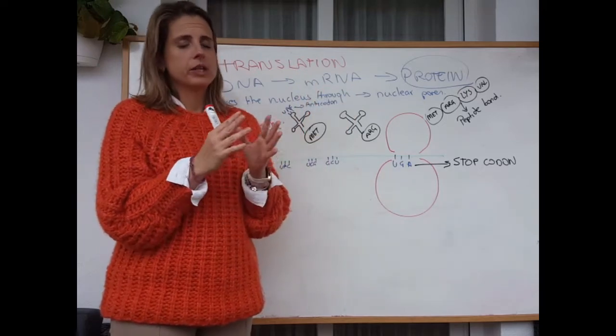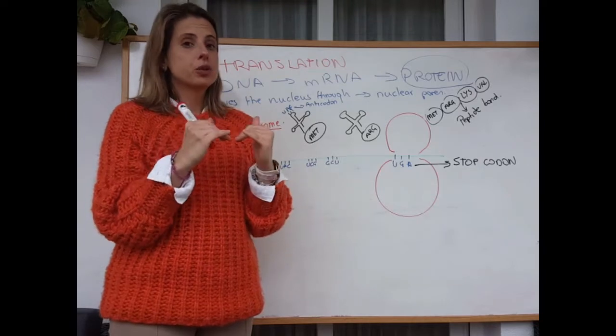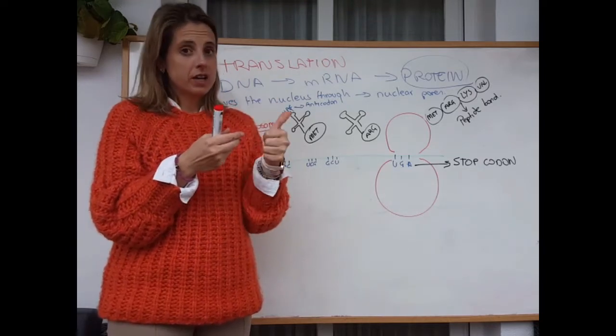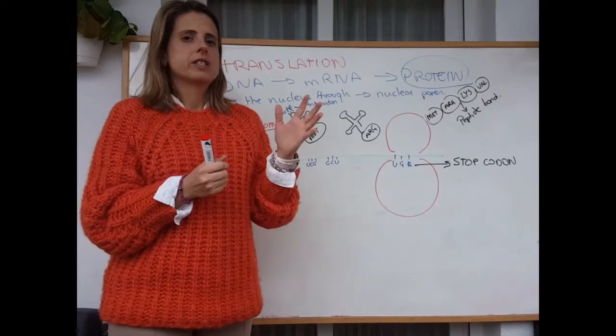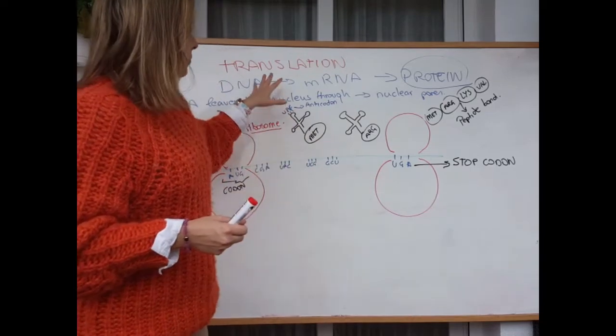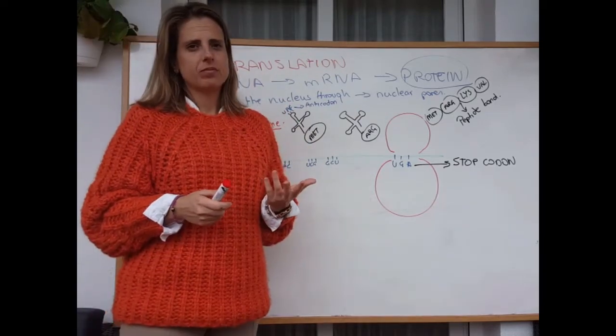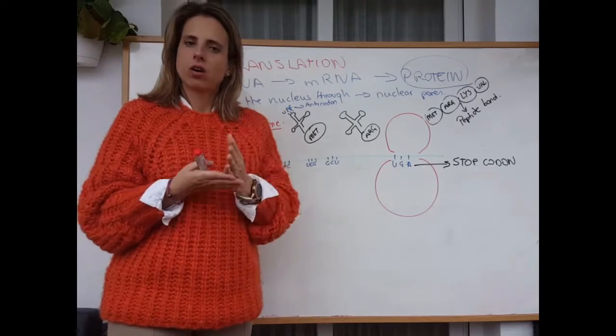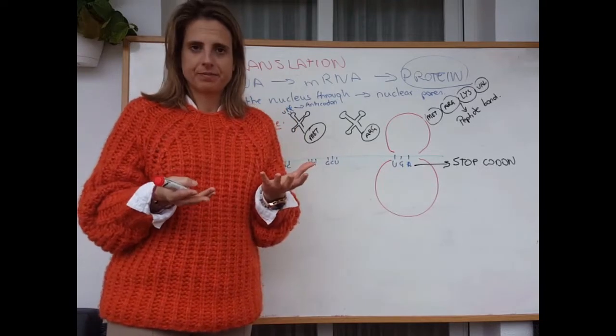After that, we talked about the processes to produce a protein. These were two. First, transcription. We studied this in the previous video. And the other one is going to be translation. After this process, the protein is already made.